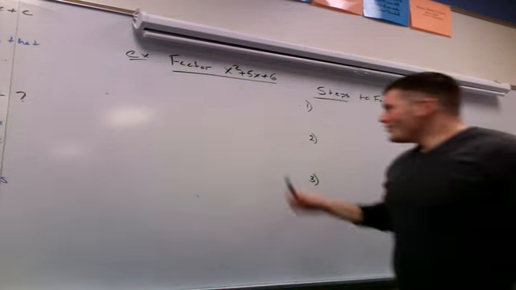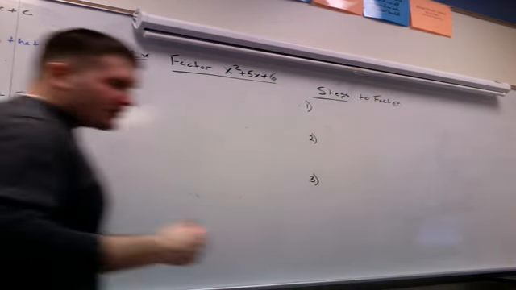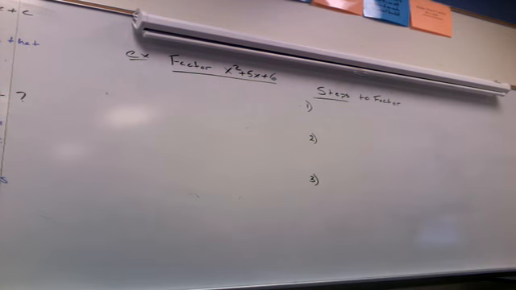Okay? So the first thing we need to do are steps. First thing we need to do is we need to find the factors of the ax squared term and the c term. Now, if I think of ax squared and c, well, where did I get ax squared and c from? The expanded form, right?